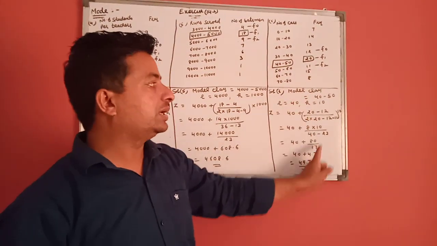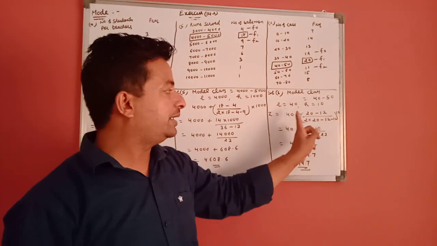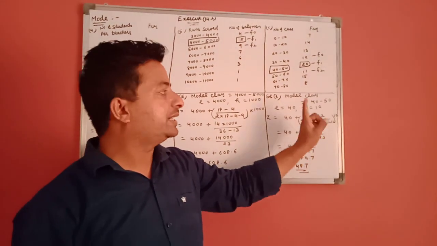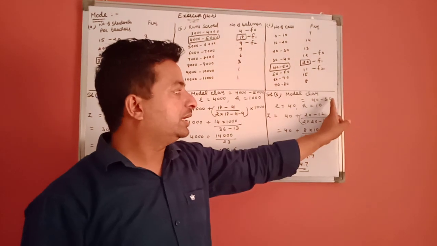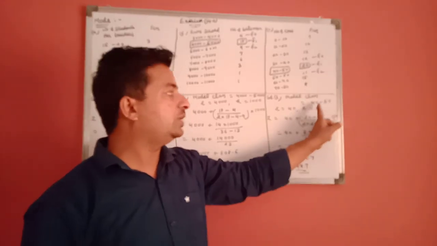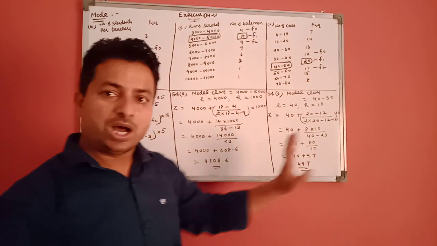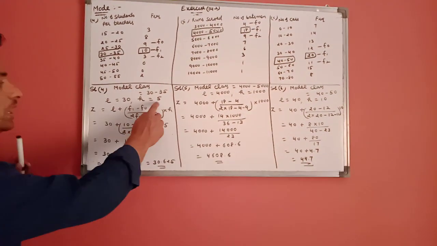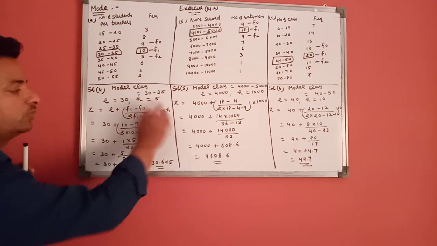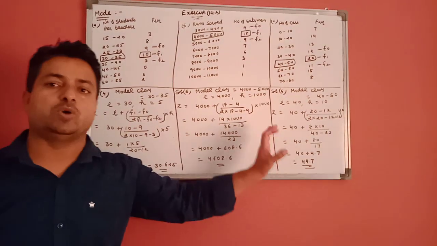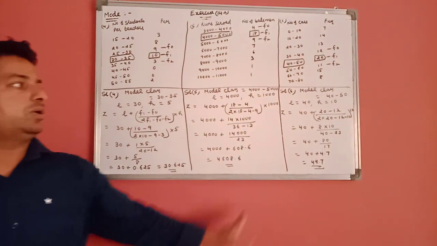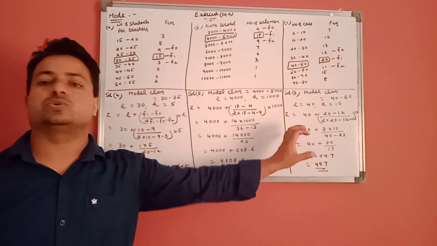In this modal class, the lower limit is called L, and class size is denoted by the difference of the largest value and the smallest value. After this, we put all the values in this formula and find the mode. These are the solutions of this exercise 6th question.